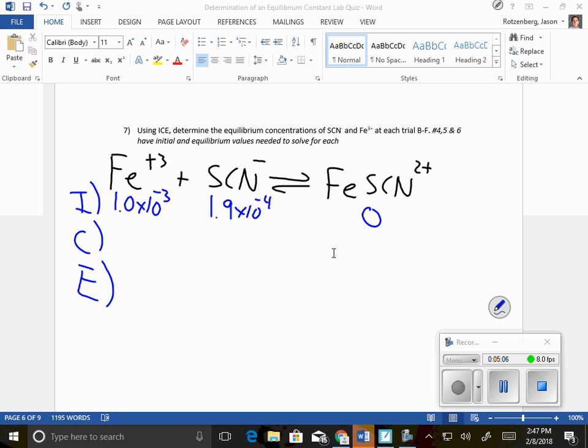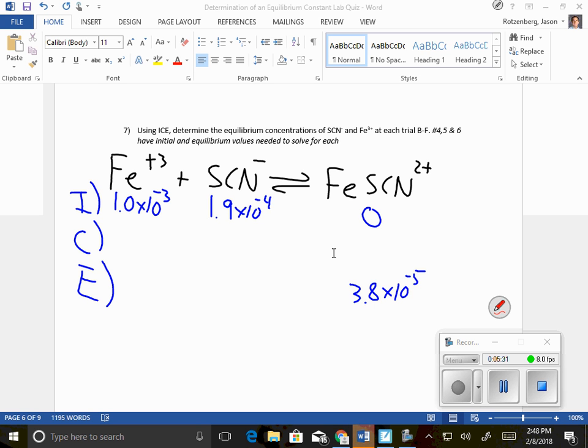The only other number that we know is the value of the FeSCN2 plus at equilibrium. We calculated that in step number 4. So for example, in my test tube B, at equilibrium, I had 3.8 times 10 to the negative fifth as my concentration.